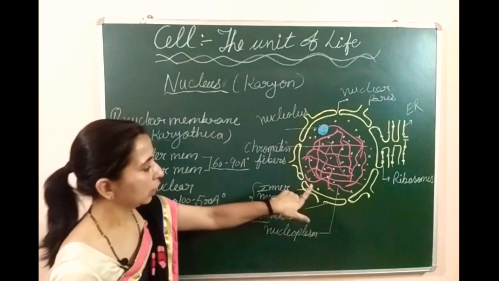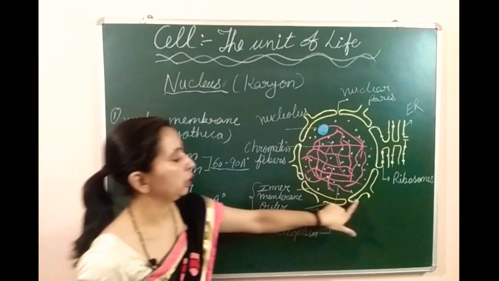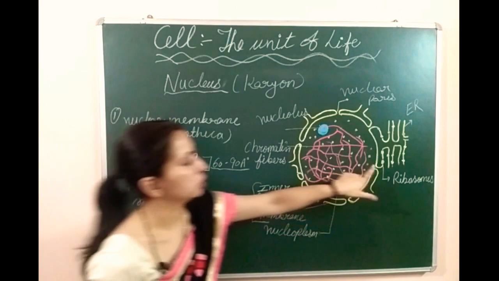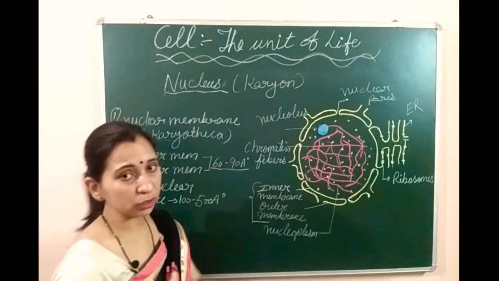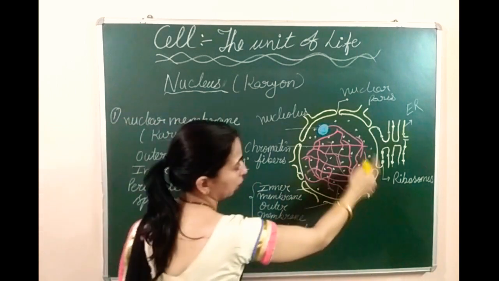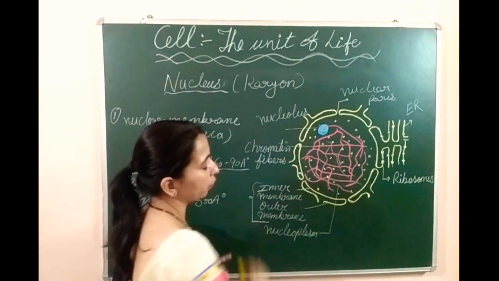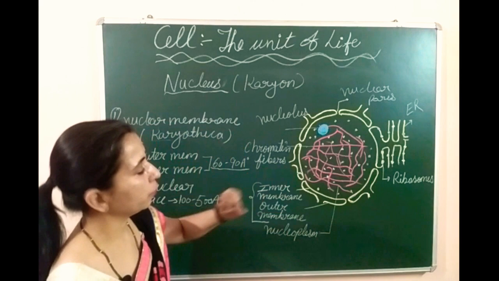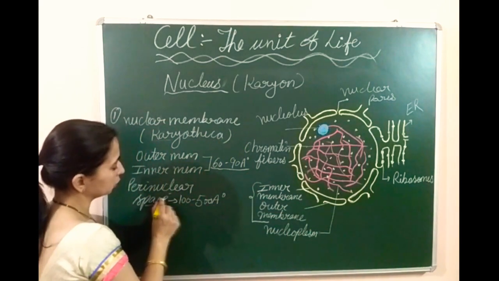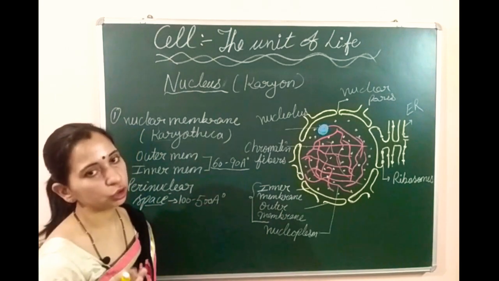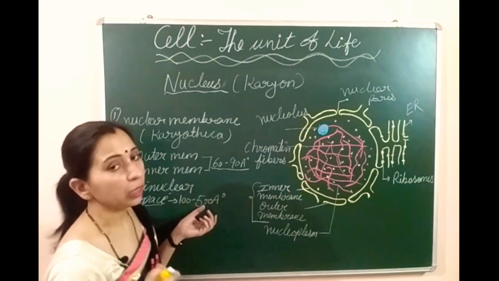The outer membrane is related with the ER; यहाँ पे ER के साथ join हुई है, and we can say that ER forms from the outer membrane, and the inner membrane is the smooth membrane. Between both membranes, the space present is the perinuclear space, with a thickness of 100 to 500 Angstrom.